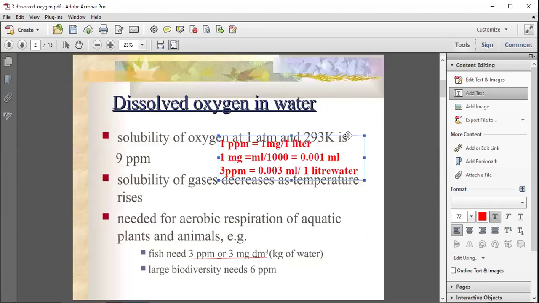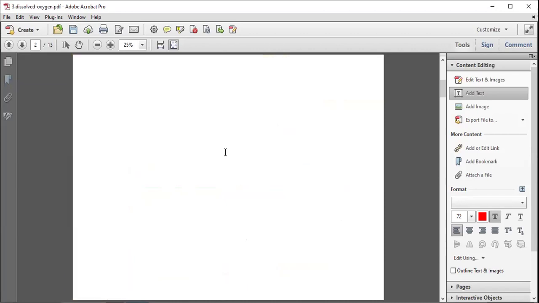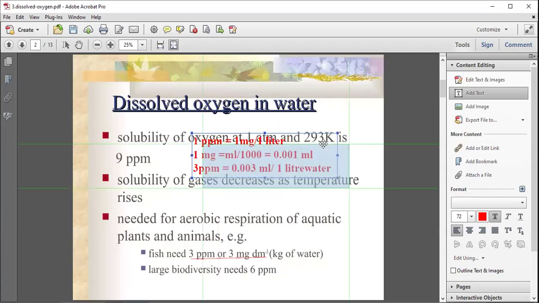Anyone tell me? Could you see this unit conversion in red color letters?